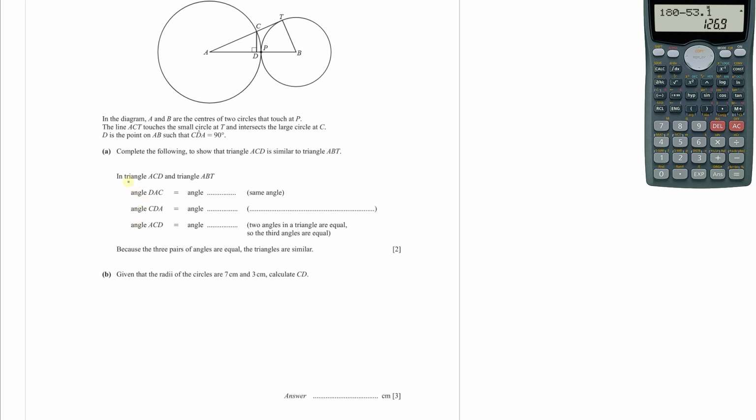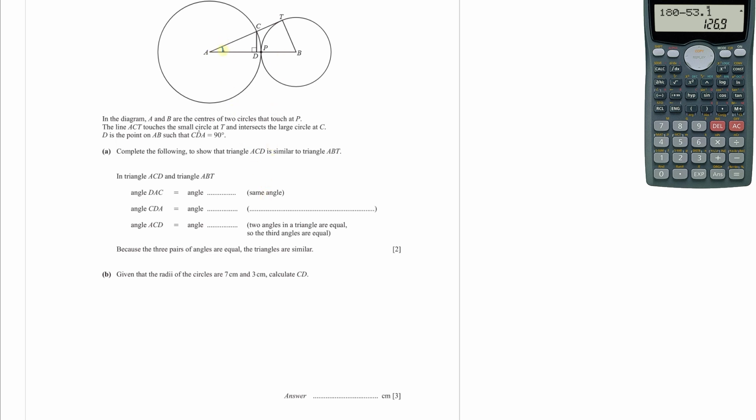So in triangle ACD and triangle ABT, angle DAC, so this is your angle DAC, is equal to angle TAB, because they are the same angle.